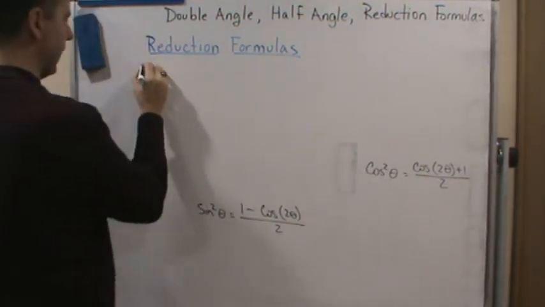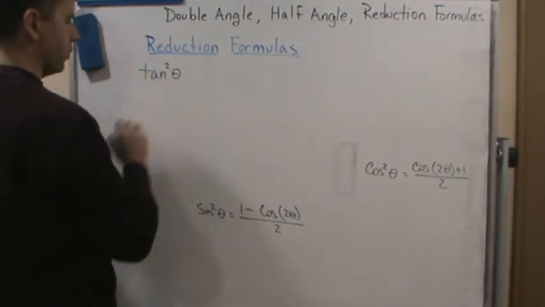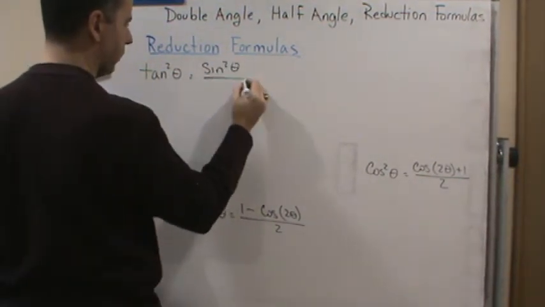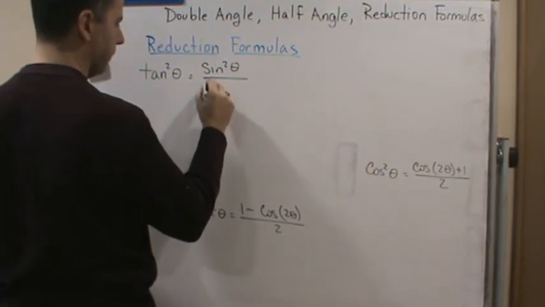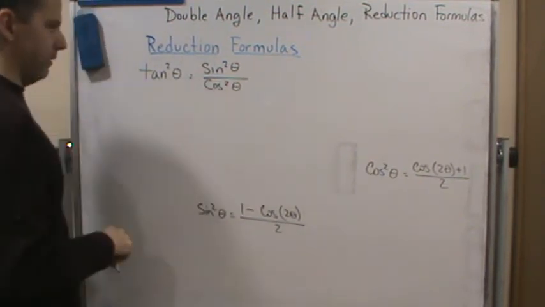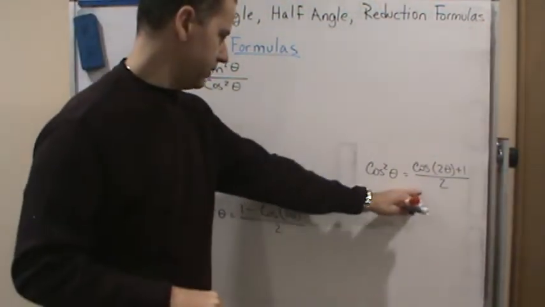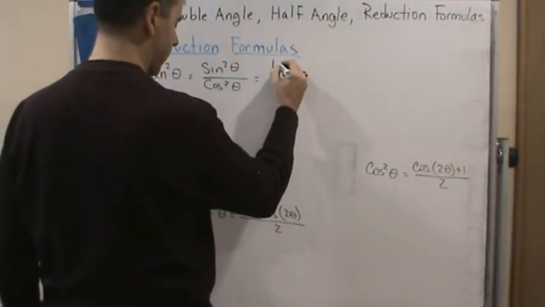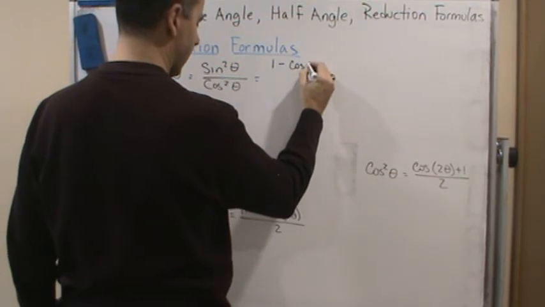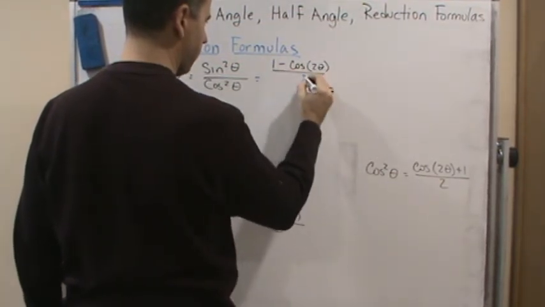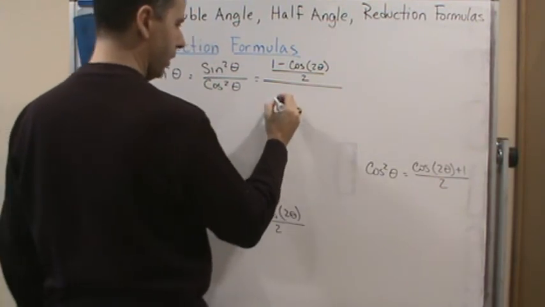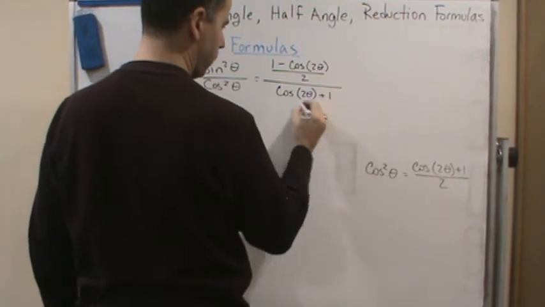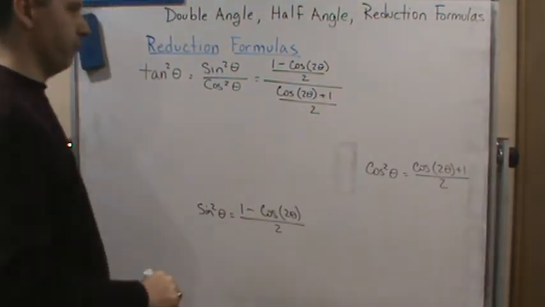Okay, so tangent squared theta is going to be sine squared theta over cosine squared theta, right? And now I'm just going to use these two equations to substitute. So that's going to give me what? It's going to give me 1 minus cosine 2 theta divided by 2, all divided by cosine 2 theta plus 1 divided by 2.